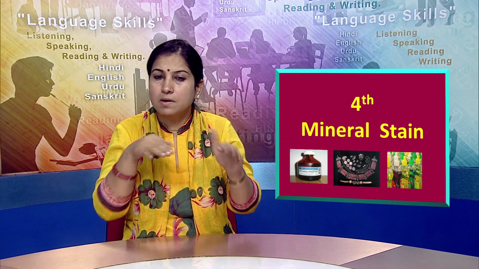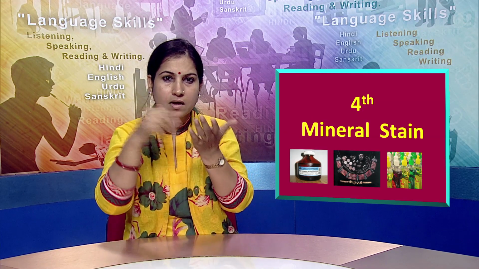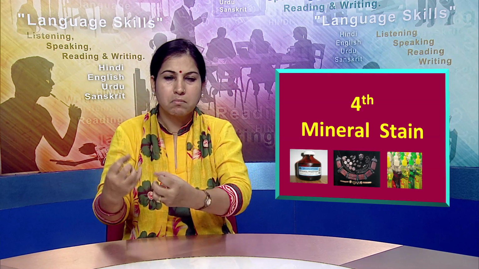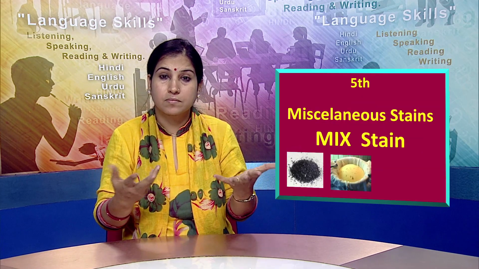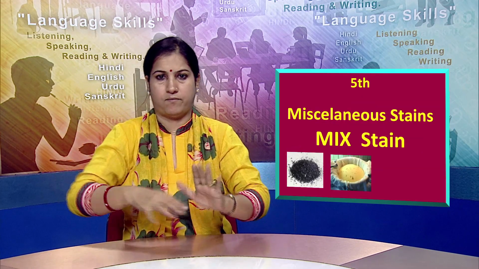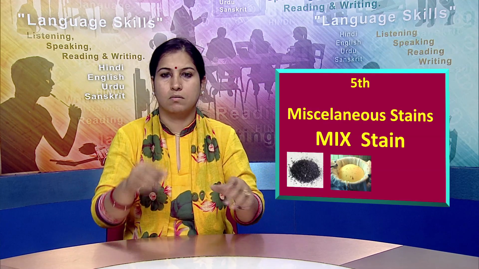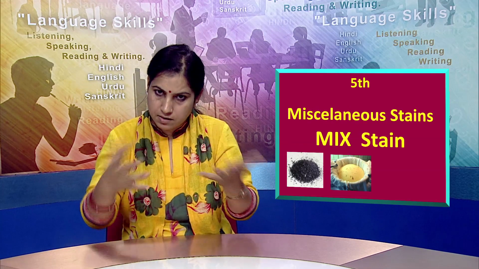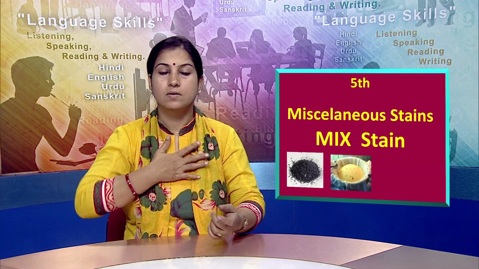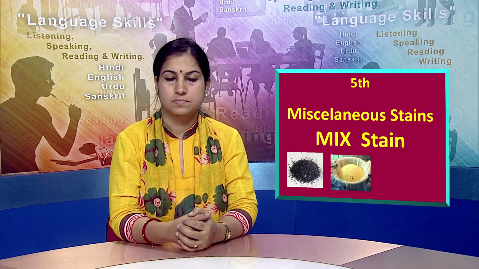Mineral stain include rusting due to iron hangers and iron basket. Fifth type of category is miscellaneous stains, that include all the other stain like ink, grass, perspiration.